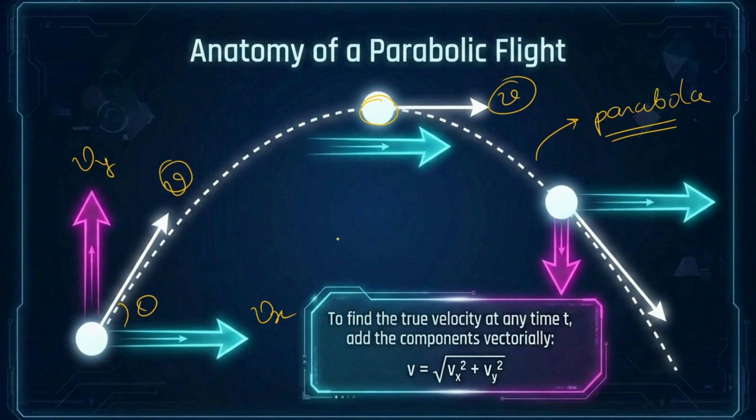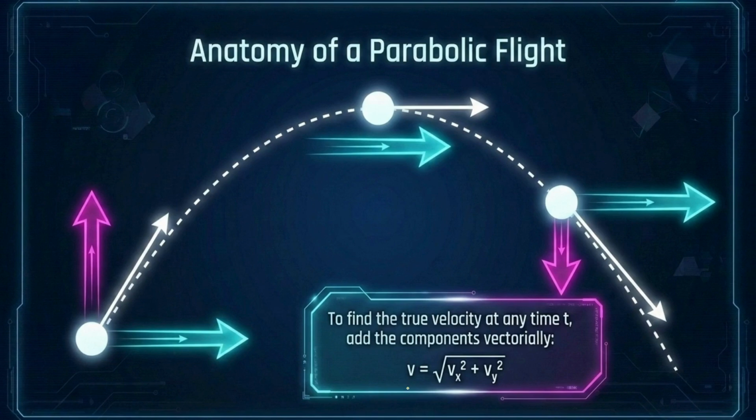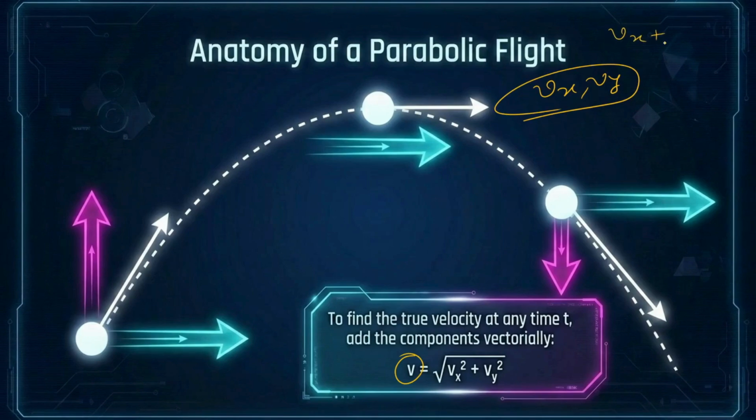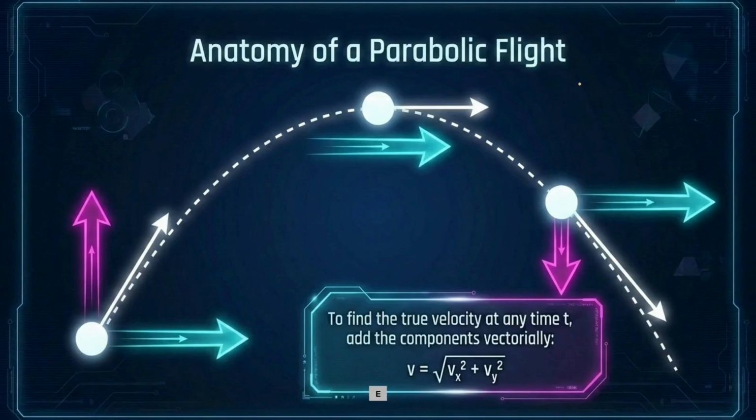Now, if you want to find what the velocity is over here, it must contain the Vx and Vy components. As we know, velocity is a vector quantity. We don't add just like scalars, Vx plus Vy. It is wrong, because this is a vector quantity. For that, we should do the vector sum.